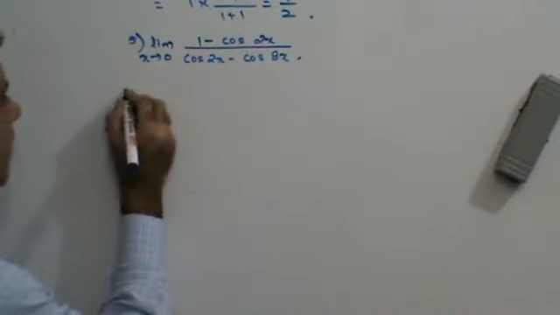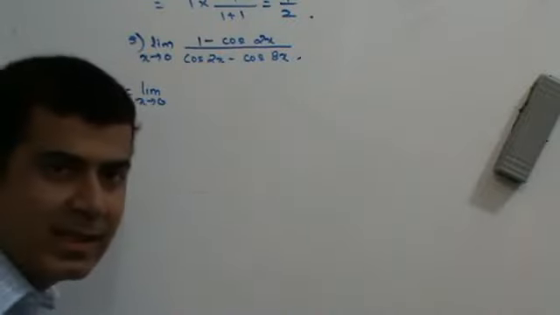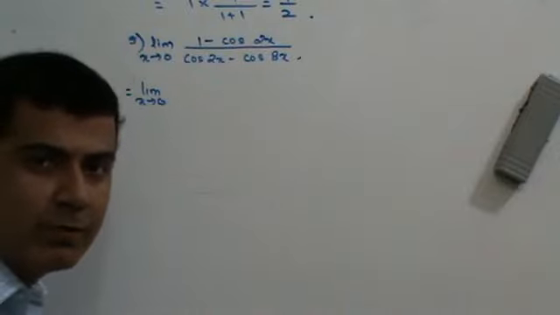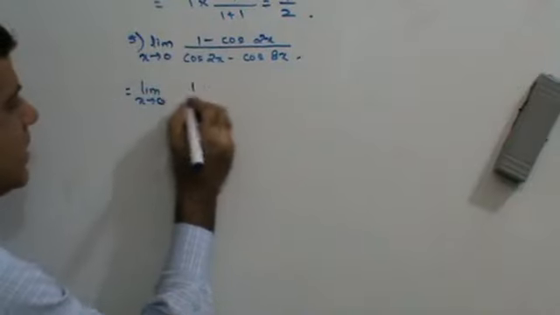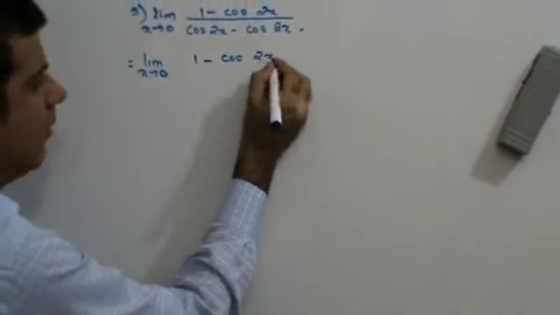Let's see this. Now since there is addition or subtraction between trigo ratios, you have to use factorization here. Now 1 minus cos 2x, I could have used multiple formulas here, but I prefer rationalizing.